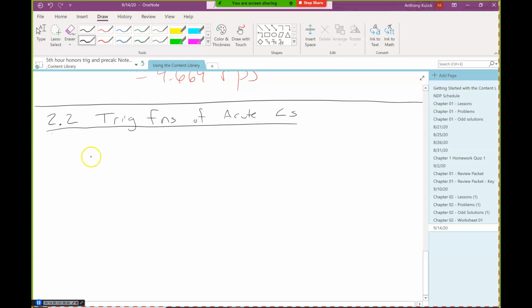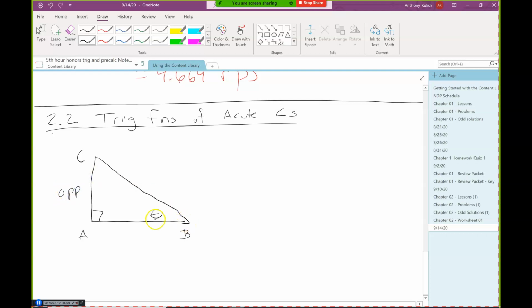Okay, so let's start with the basics. Let's say we have our right triangle, and I'm going to specify this angle as theta. And actually, let's give these vertices some names. Relative to my angle theta, which side is the side we'd call opposite? CA. Good.